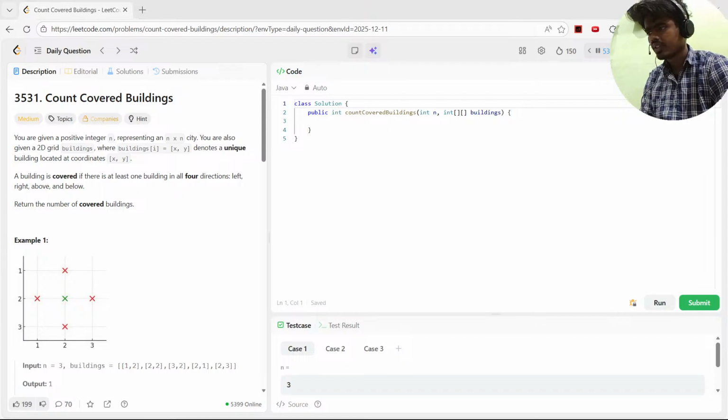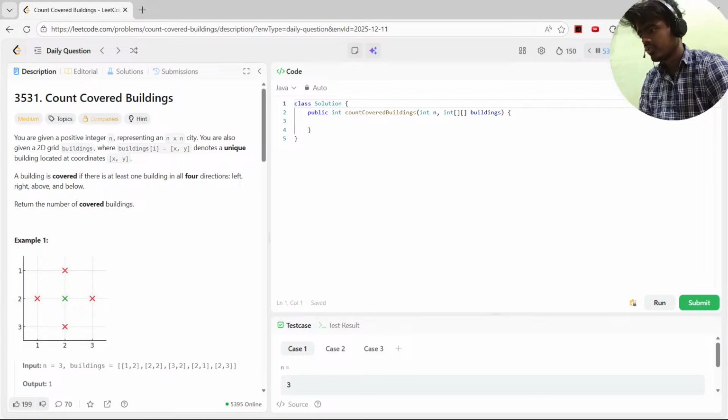Building i, x and y, denotes a unique building located at coordinates x and y.